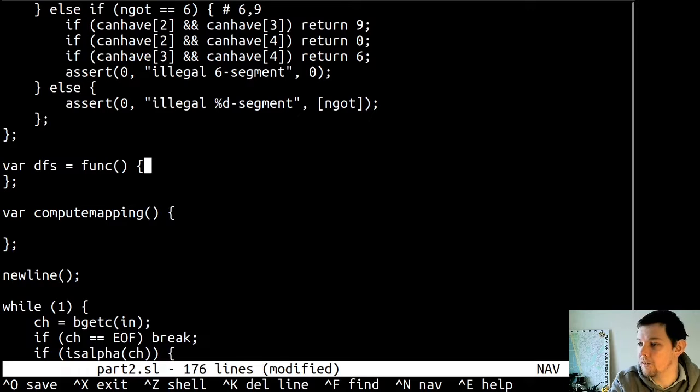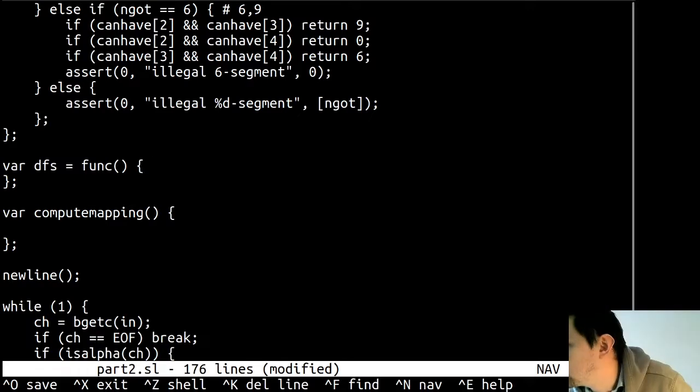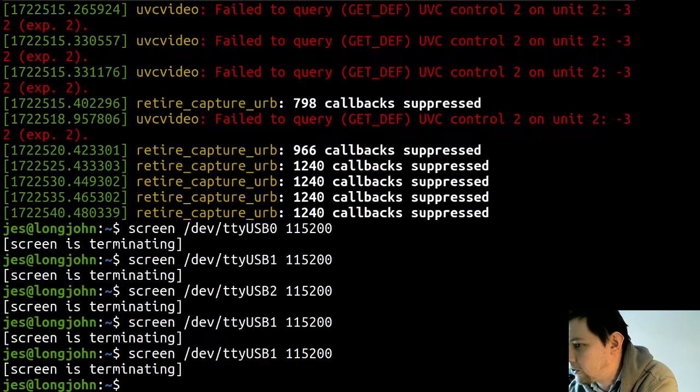Oh no, I'm running out of disk space. My video is too long. What am I going to do? Maybe I'll delete some of the previous day's videos. So let's get out of screen.